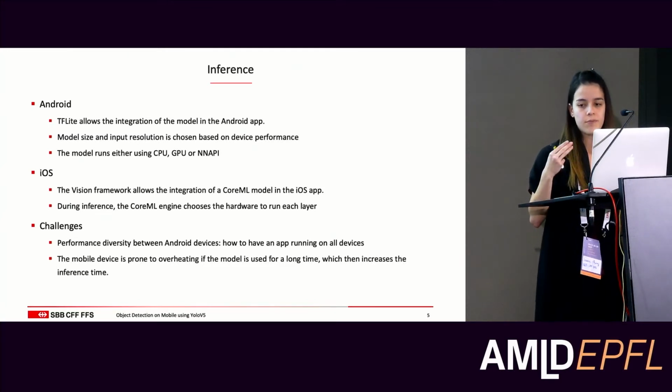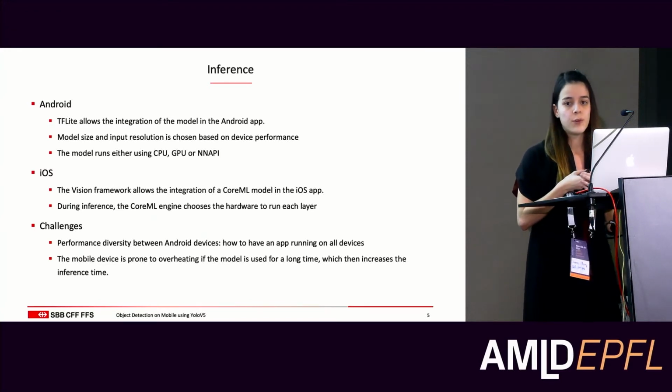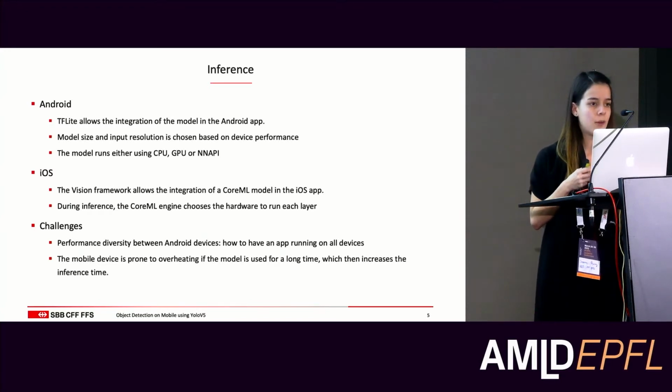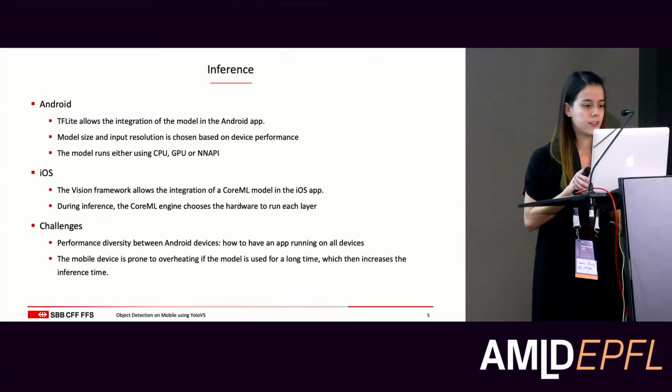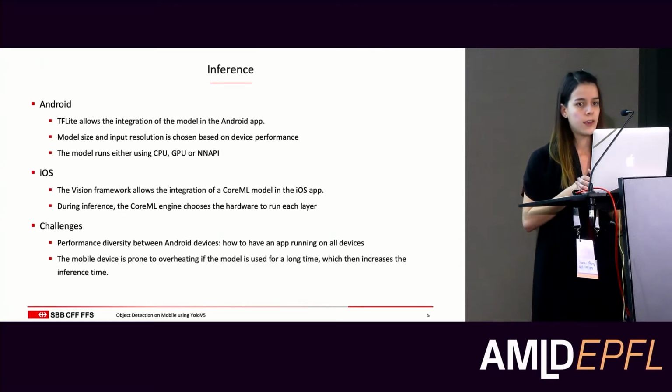And so a medium-sized model might be able to run on a high-performing device, but it will not be supported by a low-performing device. And so we needed to have different sizes so that we could have reasonable inference time on all kinds of Android devices. And the model can run either on CPU, GPU, or using the NN API.